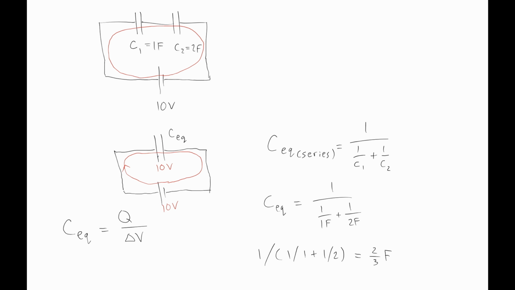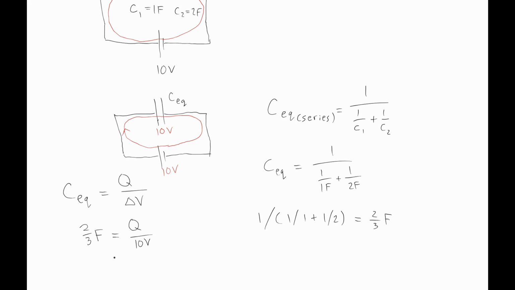So that's what we would use for delta V, but we got to use 2/3 farad as our capacitance of the equivalent capacitor. So our Q is then going to be 20 over 3 coulombs, which is approximately 6.67 coulombs.